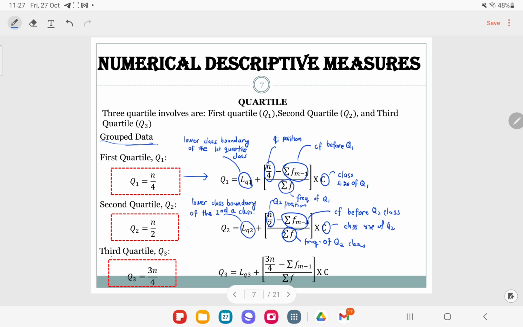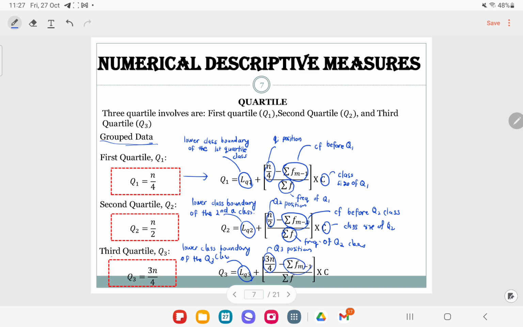Okay, so for the third quartile, LQ3 will be the lower class boundary of the third quartile class. 3n over 4 is the third quartile position.